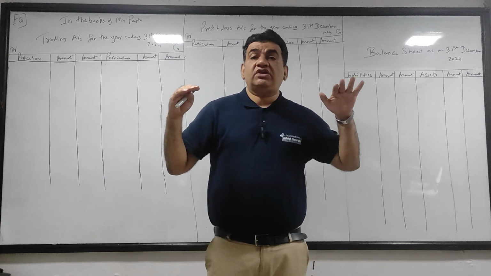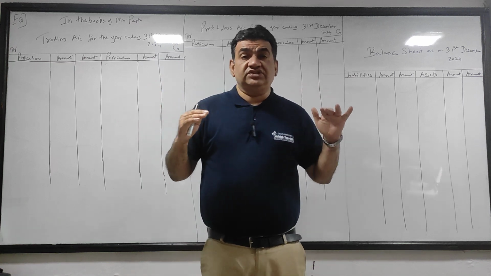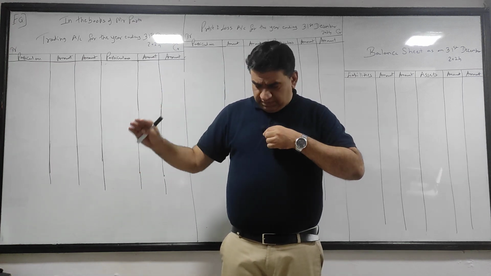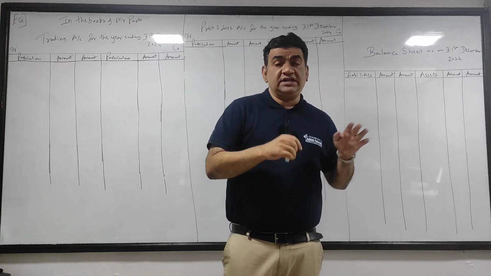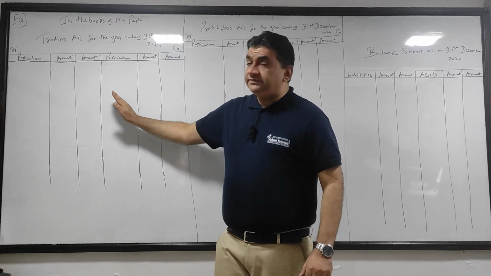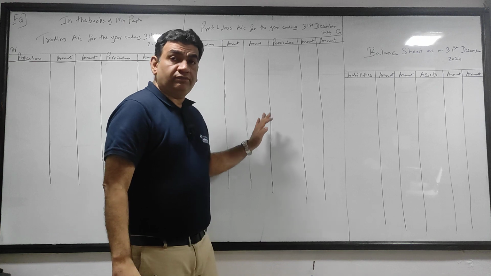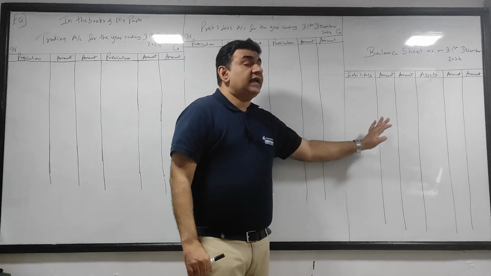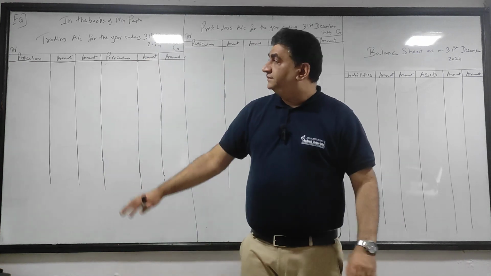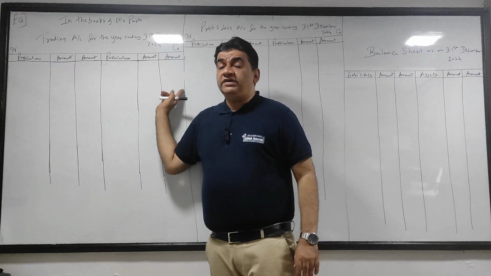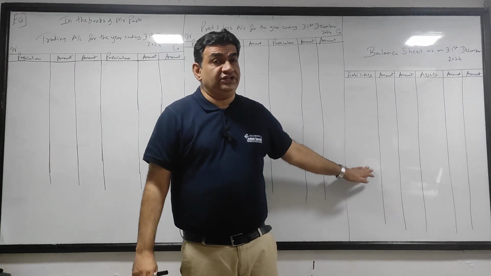So as far as your FYJC level is concerned, there are three things to be made in each and every sum of final accounts. One, trading account. Second, profit and loss account. And third, balance sheet. Trading account, profit and loss account, and balance sheet.